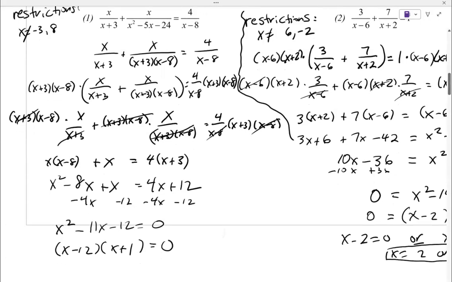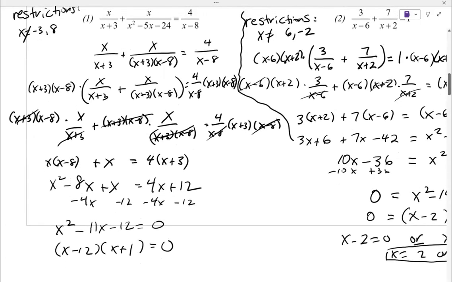And then we set each piece equal to 0. And so what are your two solutions then? 12 and negative 1. Are either of those the restricted values? No. So those will be our answers.